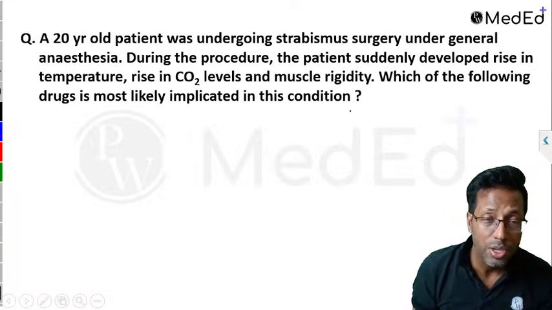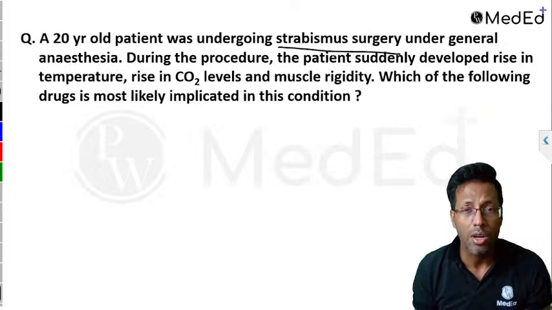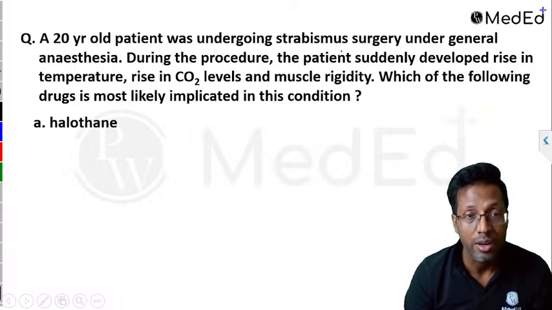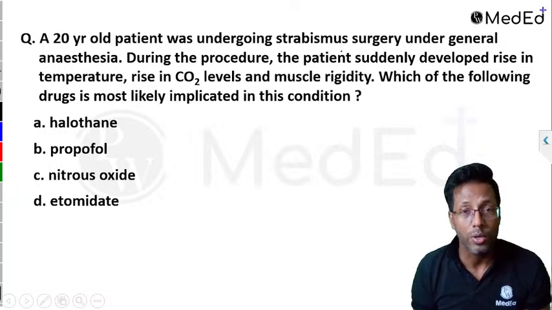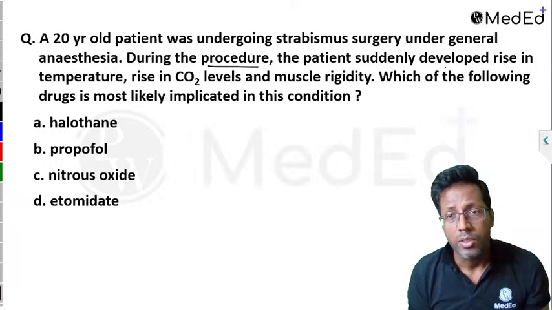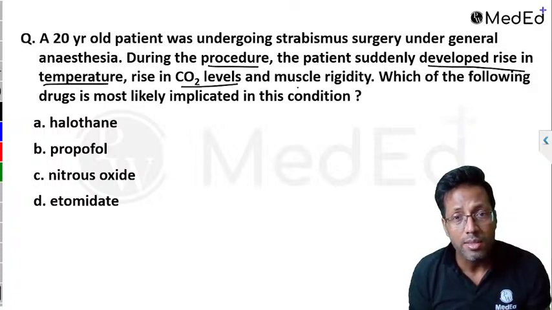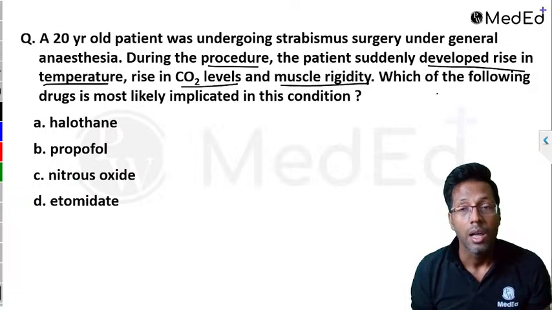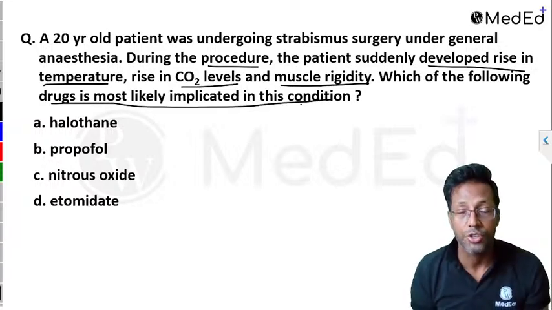So now this was a question where I don't know exactly whether strabismus surgery was mentioned or not, but a patient was undergoing general anesthesia, and during the surgery, it was mentioned as a clinical question that the patient developed a rise in temperature, a rise in CO2 levels, and muscle rigidity was seen. Which of the following drugs is most likely implicated in this condition?